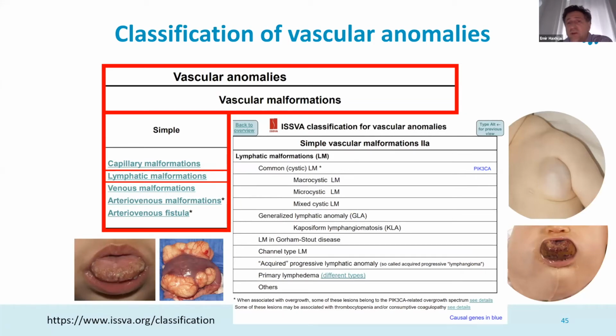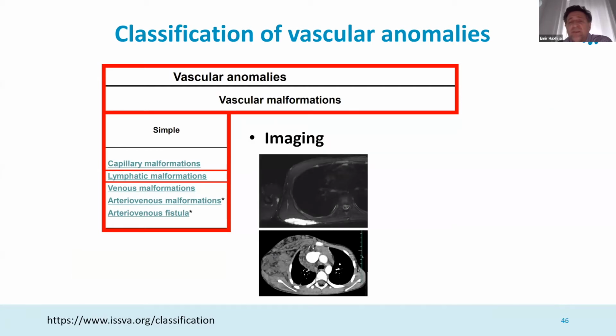Another group is called acquired progressive lymphatic anomaly, and then a number of primary lymphedemas. For the group of primary lymphedemas, there is a special VASCERN working group, which I will mention in the next slide. But before that, I would like to show how imaging can tell us what kind of lymphatic malformations we are dealing with.